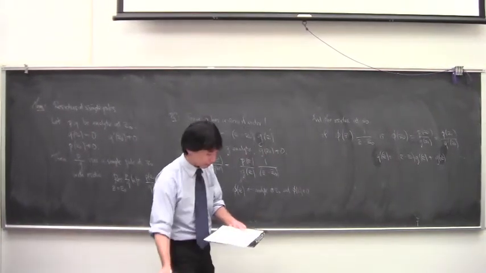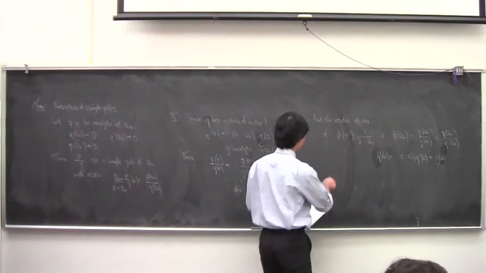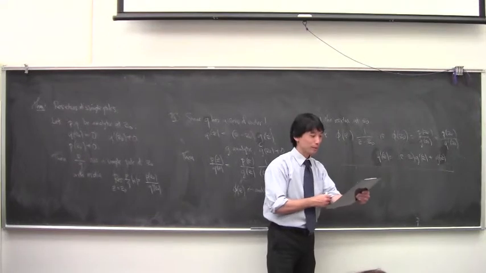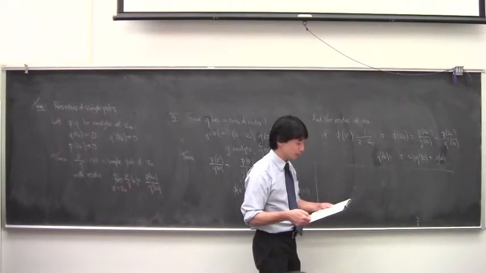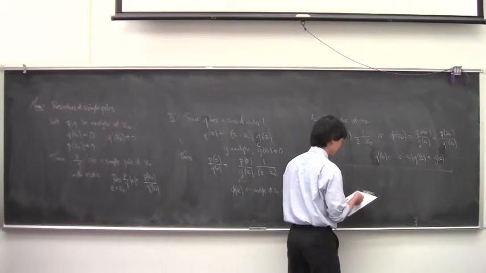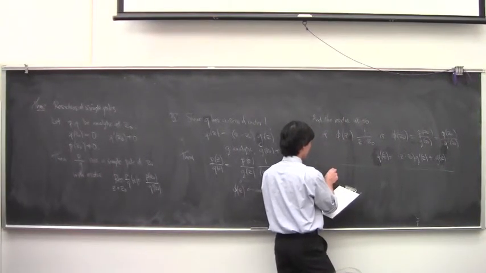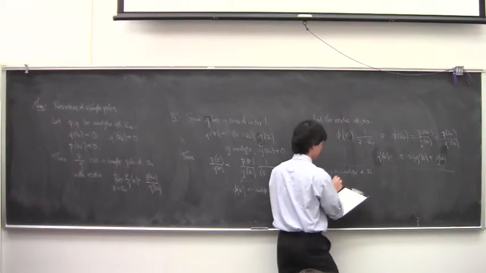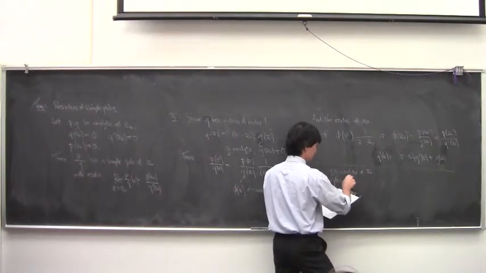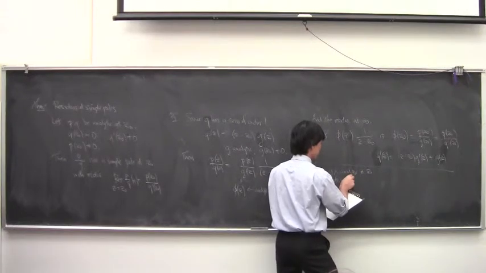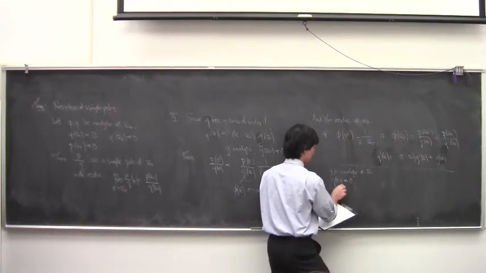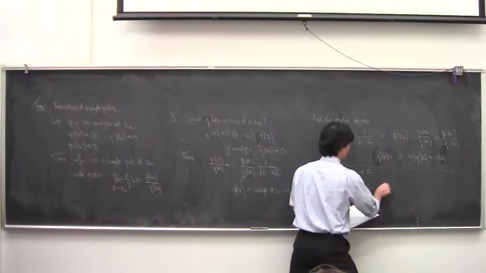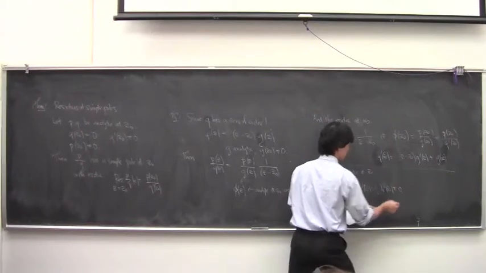So the book actually gives a string of results along the same line. Let me just show you what the next one looks like, but I'm not going to prove it. G and H analytic at z naught, and you know that G of z naught is non-zero, H of z naught equals 0, H prime of z naught equals 0, H double prime of z naught is not equal to 0.